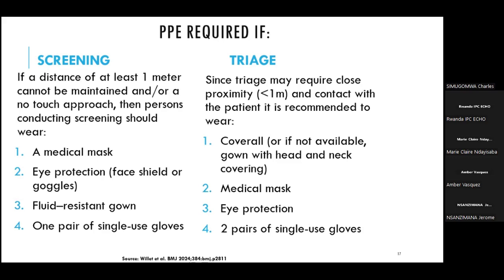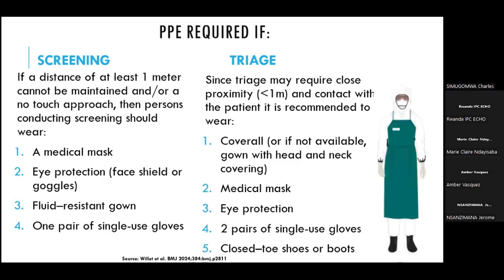They must also have closed-toe shoes or boots. These are the PPE for someone who is doing the triage. You see the boots, of course, the boots are put on after putting on the scrubs. And then we have the coverall, and then the gown. We have the mask, of course, the face shield, and then the gloves.